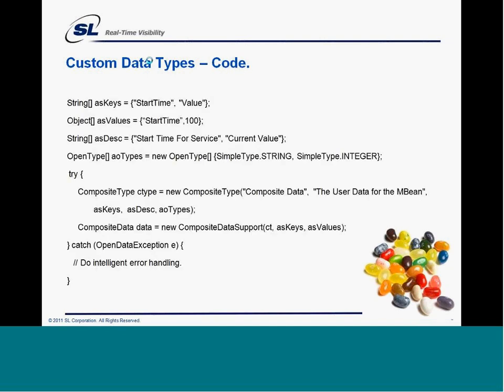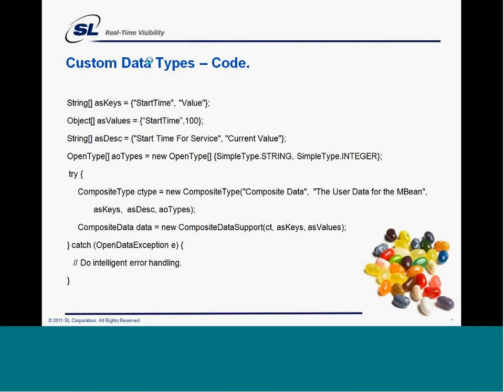So I decided to throw a little code snippet in here where you'll notice that you have to create four separate arrays to generate the composite data. You have to create the keys, which are the names of the columns that you're going to reference, and the values, which are the actual data that you're going to be supporting.